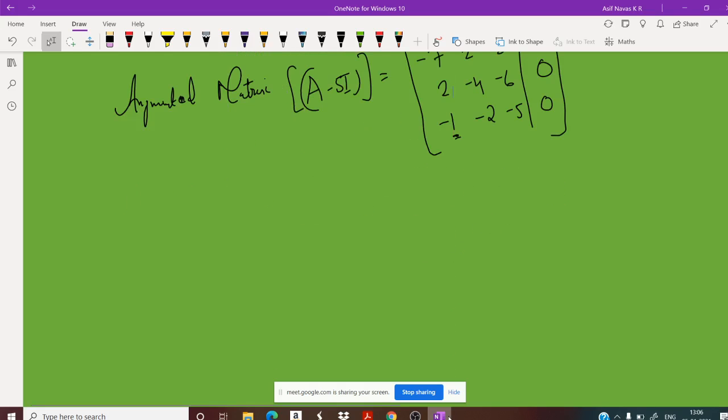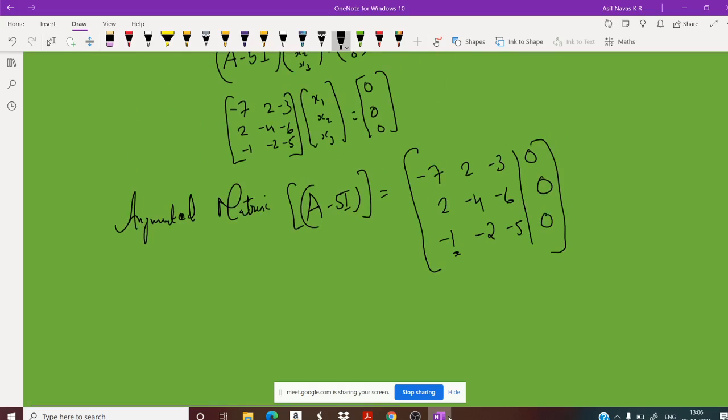Okay. So what I will do is interchange rows. This is row 1, row 2, row 3. I'm interchanging row 1 and row 3. It's not necessary, but if you do that, we can simplify things.